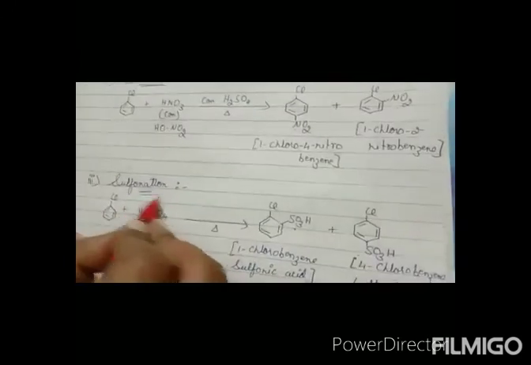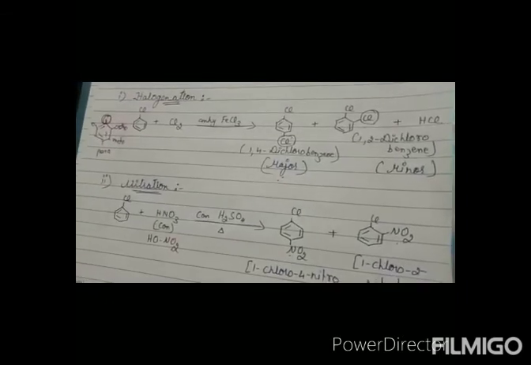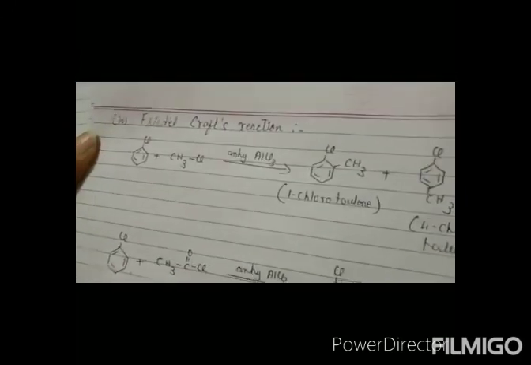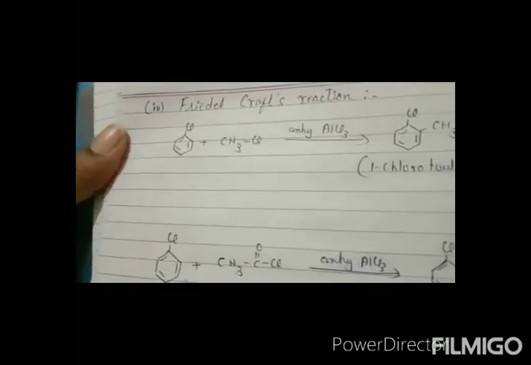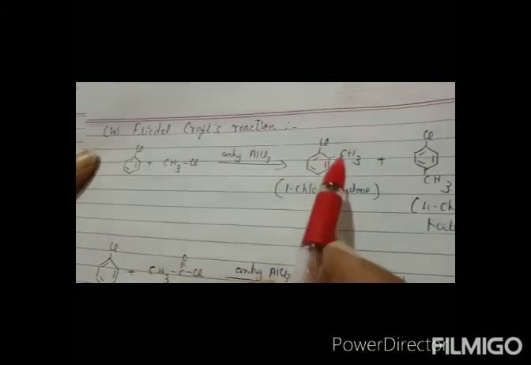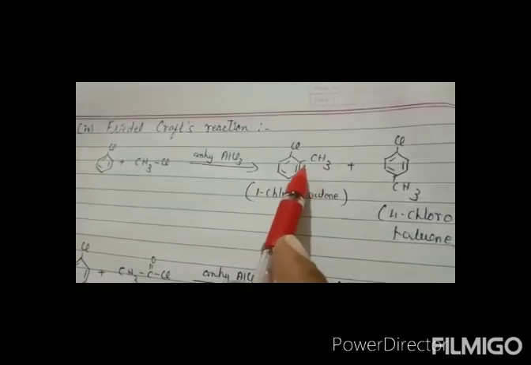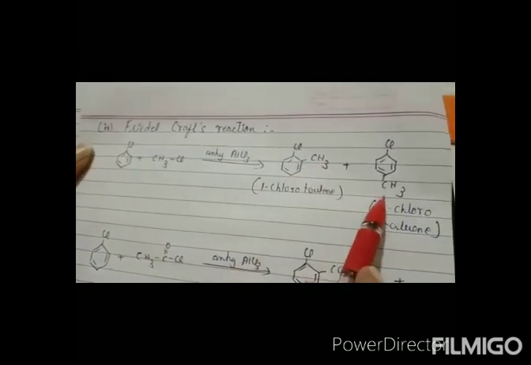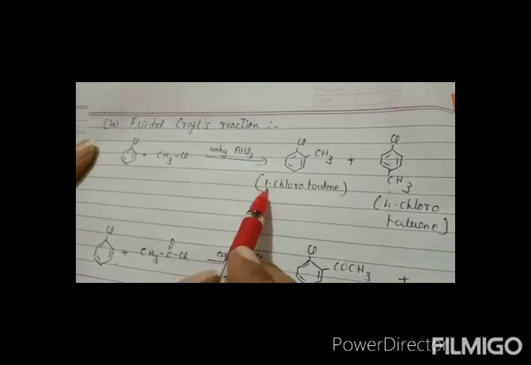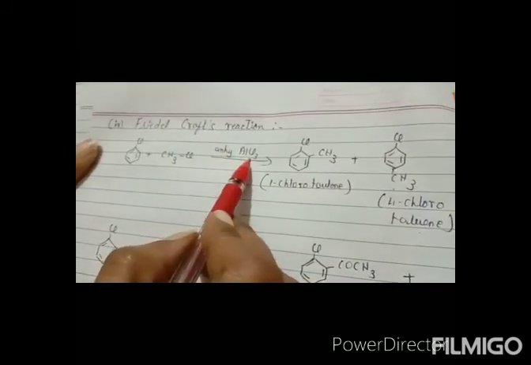And the last reaction in this electrophilic substitution reaction is the Friedel-Crafts reaction. We know that we have two types of Friedel-Crafts reaction: Friedel-Crafts alkylation reaction and Friedel-Crafts acylation reaction. Friedel-Crafts alkylation reaction, where we have the substitution of the alkyl group, same thing at the ortho and at the para position, where we have the product 1-chlorotoluene and 4-chlorotoluene in the presence of anhydrous AlCl3.